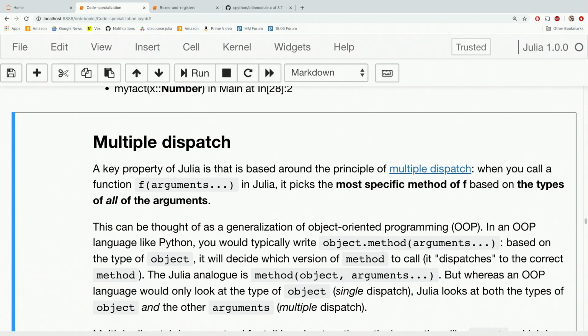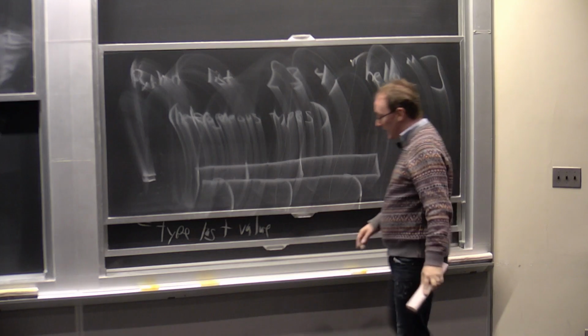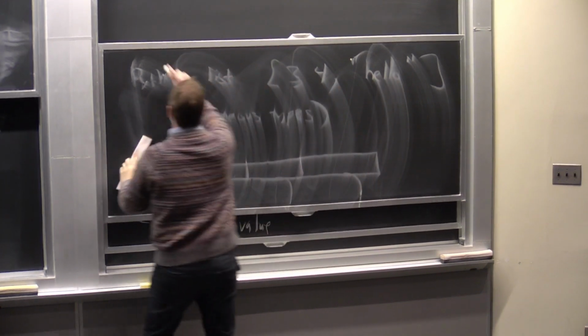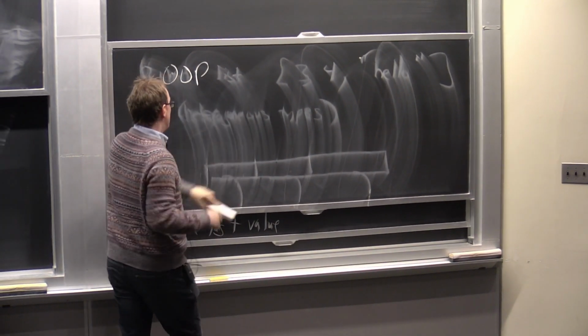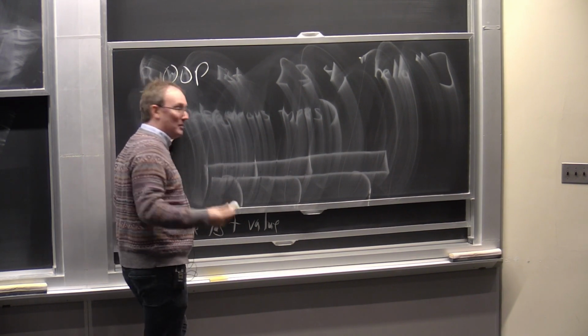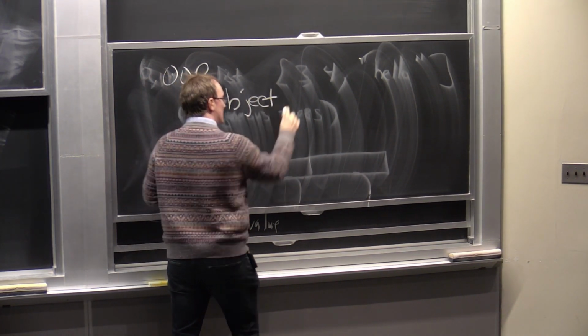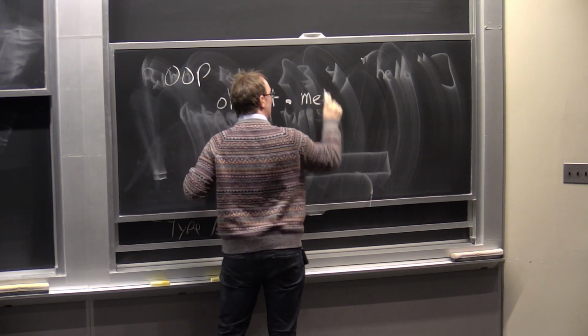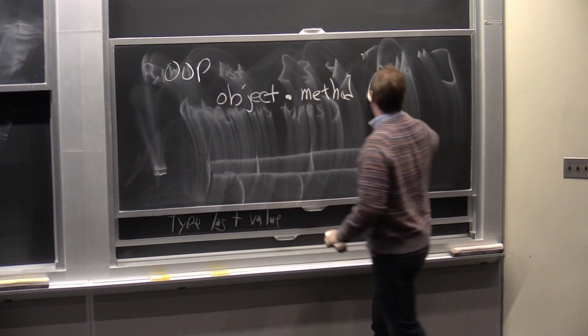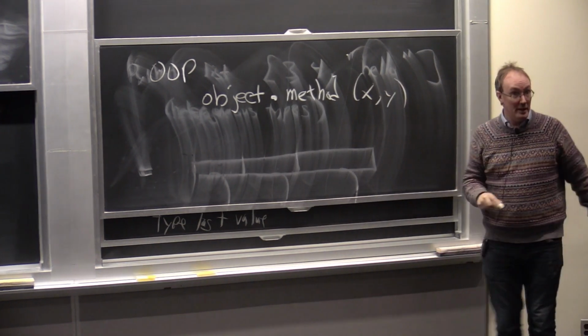I'm sure all of you have done object-oriented programming in Python or C++ or something like this. In object-oriented programming, typically the way you think of it is you have an object. It's usually spelled like object.method(x, y), for example, right?